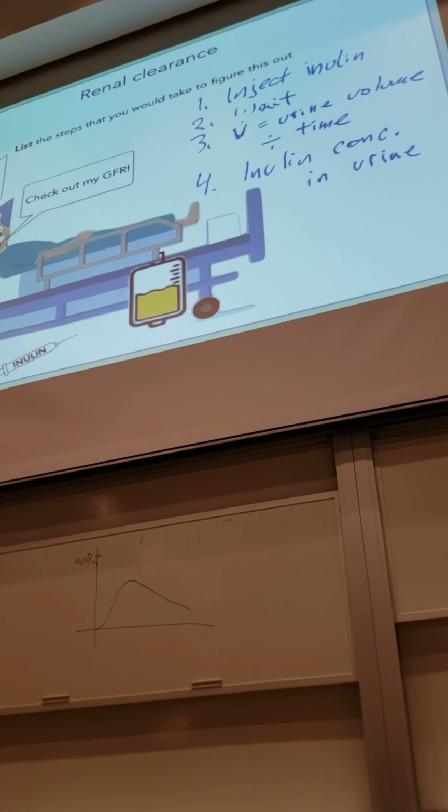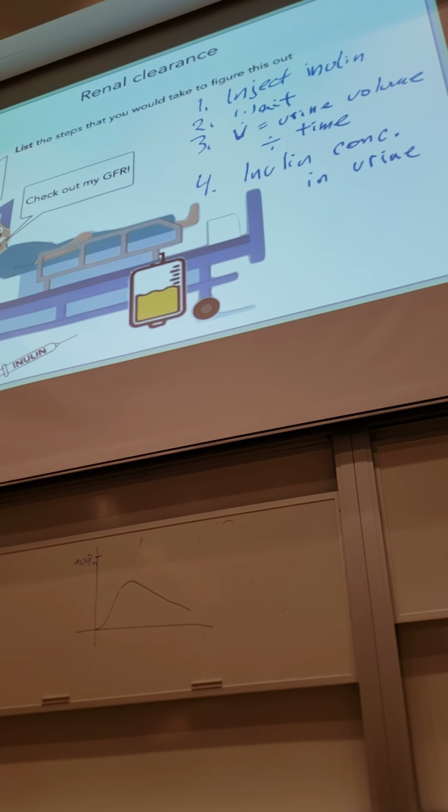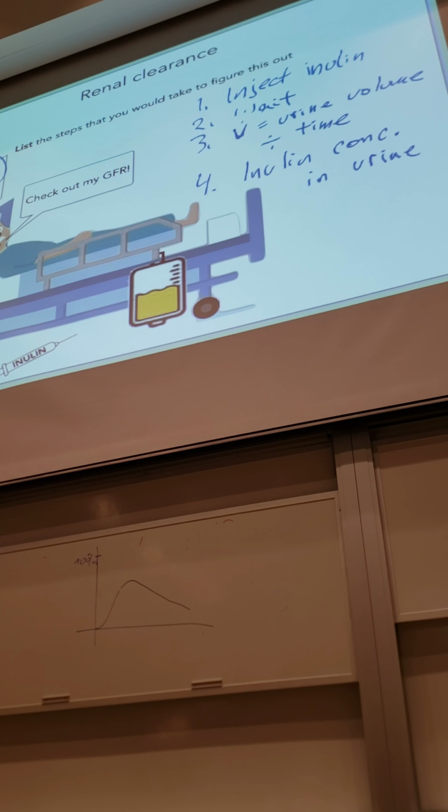Okay. So if you're looking at what somebody wrote on the whiteboard over here, it's kind of nice. We've got our rate of urine volume production, which is our number 3 here, the urine volume divided by time, how long we waited. We have the concentration of inulin in the urine, right?